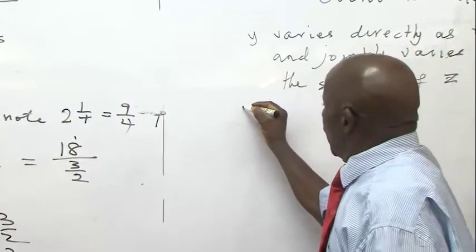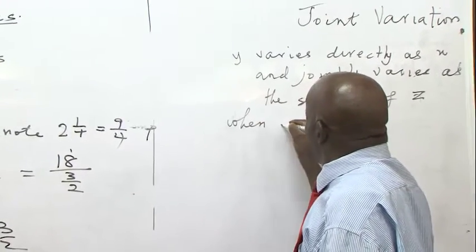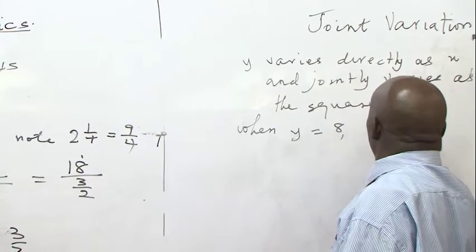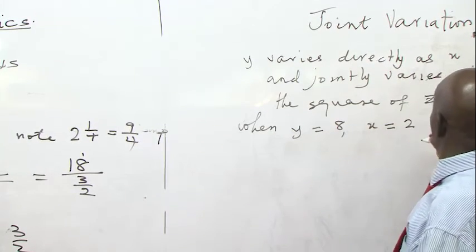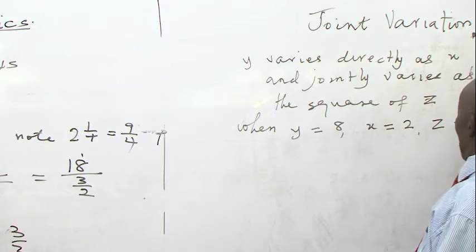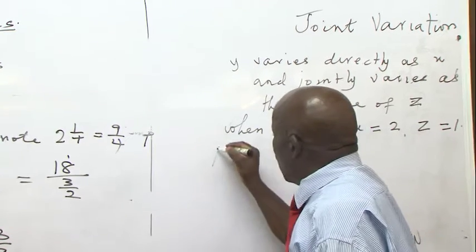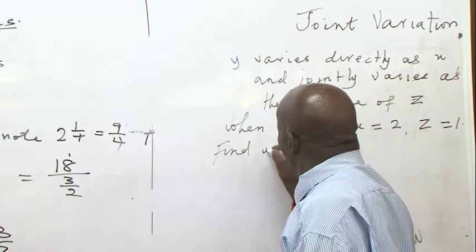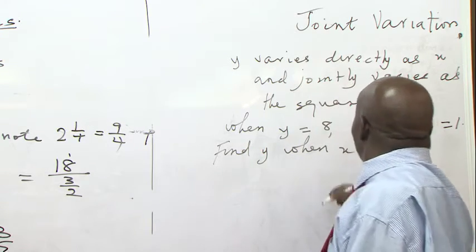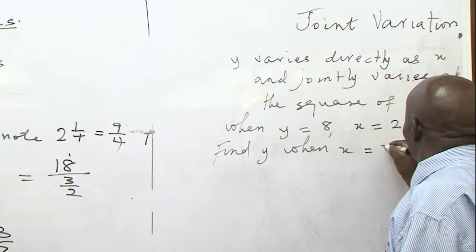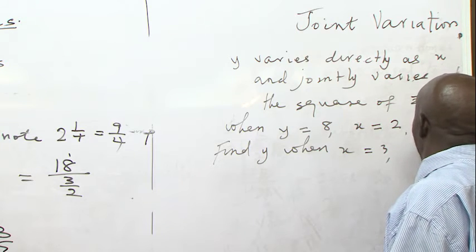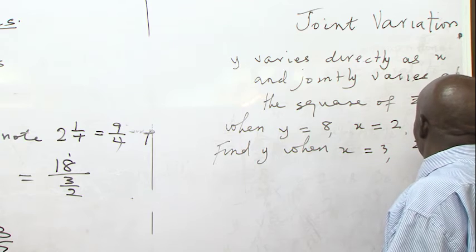Then when Y is 8, X is 2, and Z is 1. And the question says, find Y when X is 3, Z is 2.